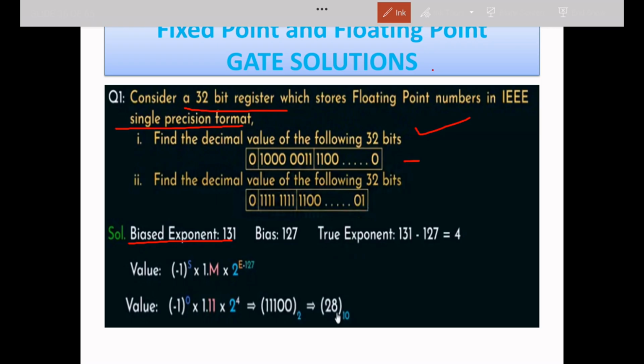You have to remember it. Here, how did I get the biased exponent? If you calculate the value 1 0 0 0 0 0 1 1, this value is 131. Because of this I have written it here.